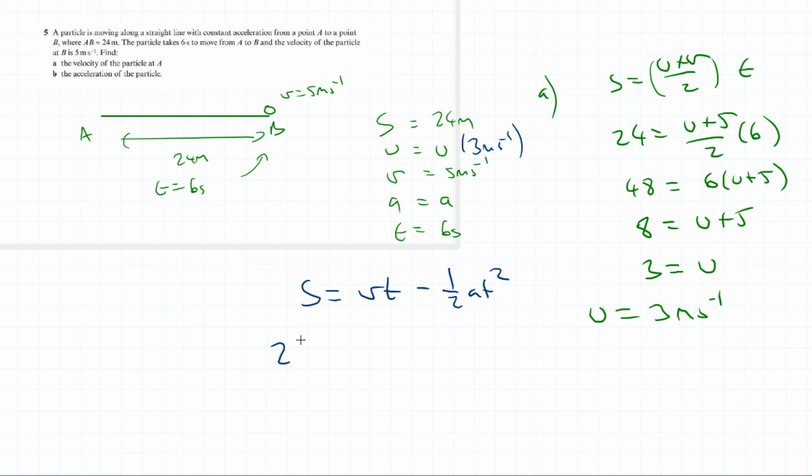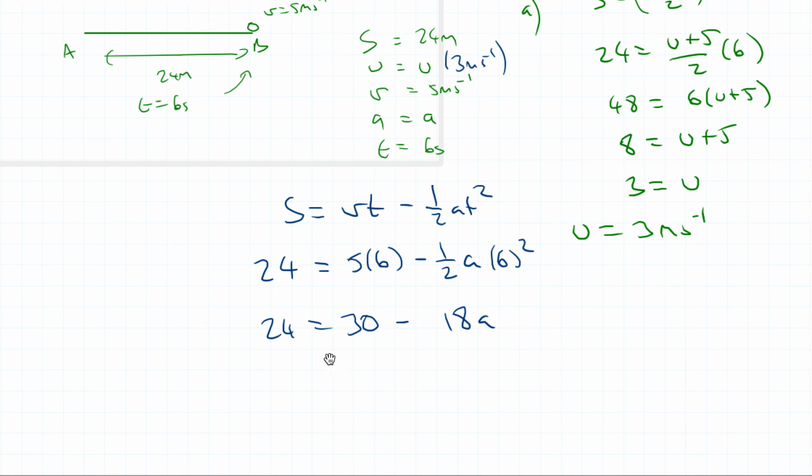From here we're going to say this is 24 is equal to 5 times 6 minus a half a times 6 squared. So that's 24 equals 30 minus 6 squared is 36 divided by 2 is 18, so minus 18a. And from here we're going to rearrange. It's going to be 24 minus 30 equals minus 18a. 24 minus 30 is minus 6 equals minus 18a.